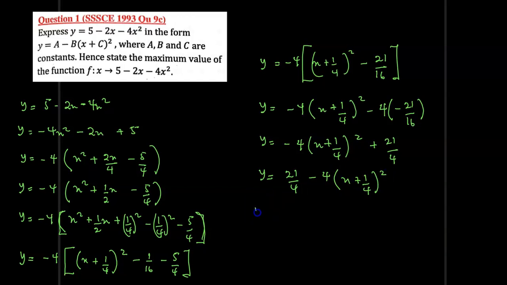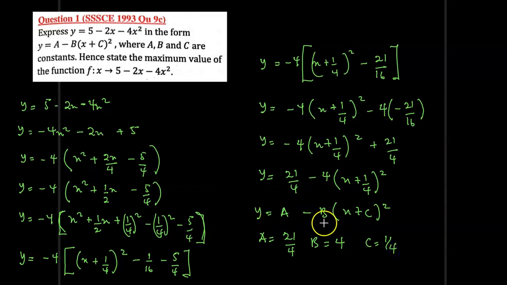So per the question, y equal to a minus b into bracket x plus c all squared, then it tells you that the a value is 21 on 4, the b value is 4, and the c value is 1/4.